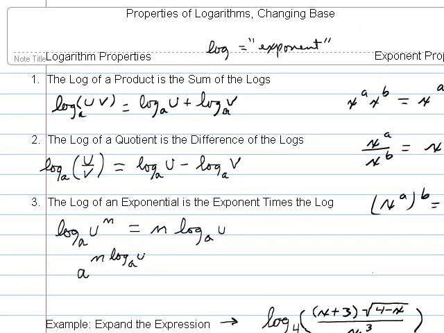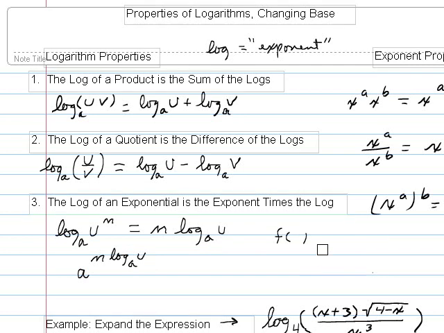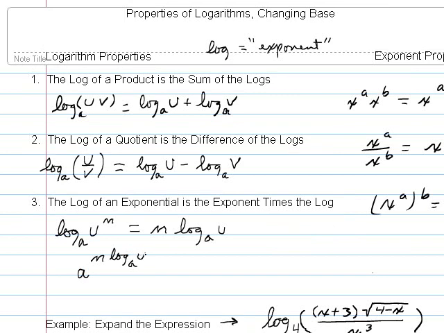Well, that exponent is a product, n times log a of u. Now I want to emphasize here, this thing log a of u is a single number. That's not three numbers, it's a single number. It's like function notation. If you didn't have the u there, it would be like having f of and then not saying what you have f of. So you need all of this together to be a single number.